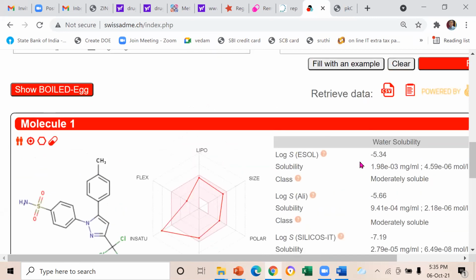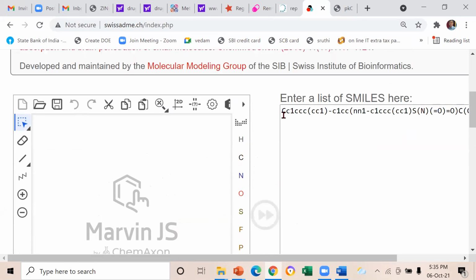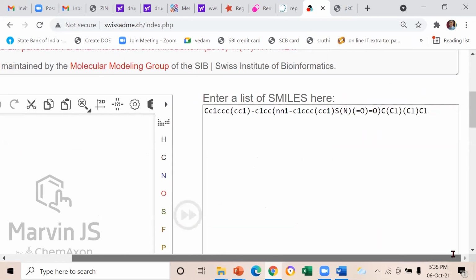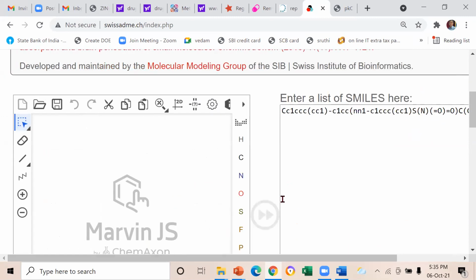Now I got the SMILES of this new compound, which contains all chlorine instead of fluorine, which is the original molecule. Then I can look at the properties and see how it is.